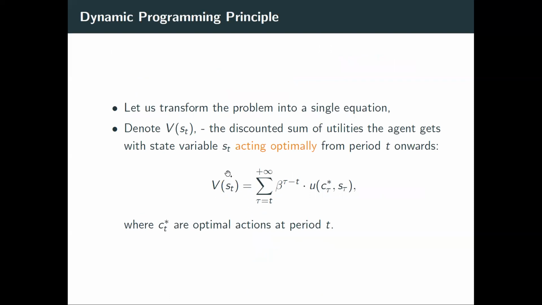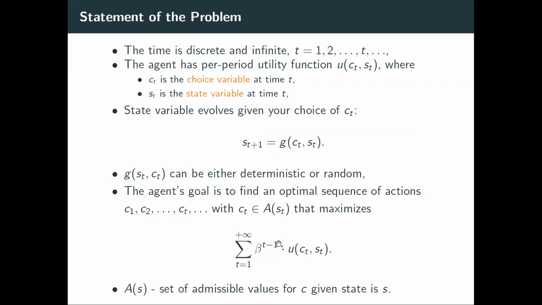And how do we do this? We introduce what is called the value function. Value function is basically an analog of this S. But here is one specific feature. When we introduce a value function, it's not just this infinite sum. It's a sum when you make your decisions optimally. Because when you just take some C's arbitrarily, it results in some accumulated utility.